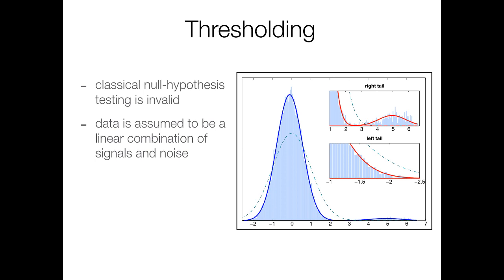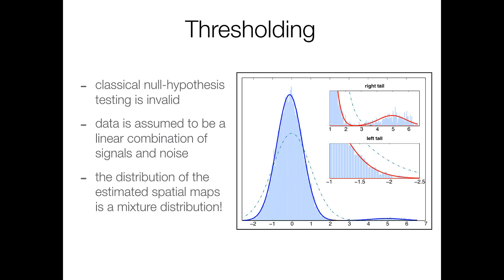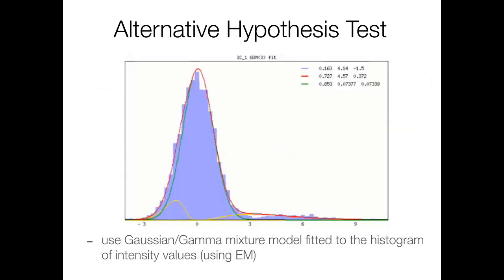In mixture modeling, we assume that the data is made up of a combination of distributions, and where a classical statistical test tries to fit a single Gaussian distribution to the data, in mixture modeling we fit multiple distributions. So for each component spatial map, we use one distribution to model the noise, the big peak containing all of the uninteresting voxels, and then we use a second distribution to model the smaller number of more interesting voxels off to the right.